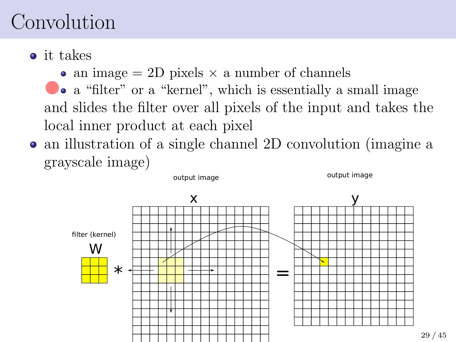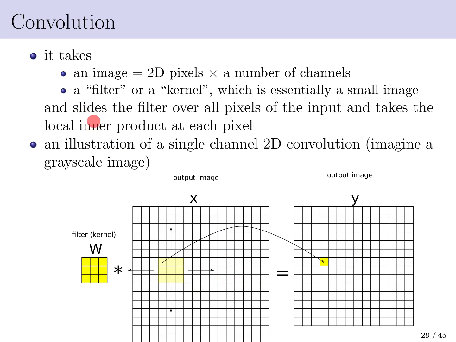And another thing that it takes is a filter or kernel, which is essentially another small image like this. So it is given a filter and an image. It computes the output like this.